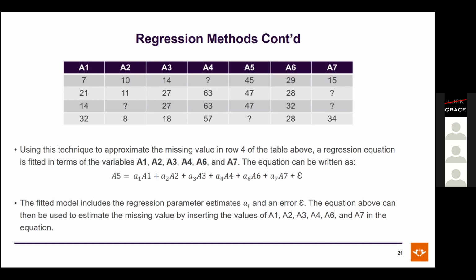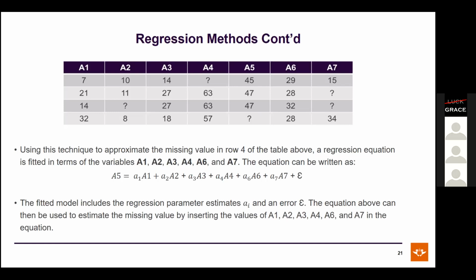The fitted model, with A5 being the dependent variable, includes the regression parameters, your lowercase a's, and it also has the error term, because it makes sense to add an error, unless one assumes perfect imputation.